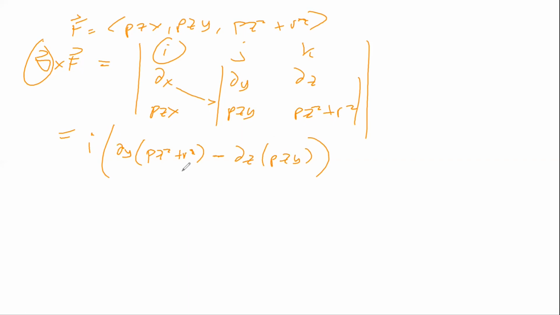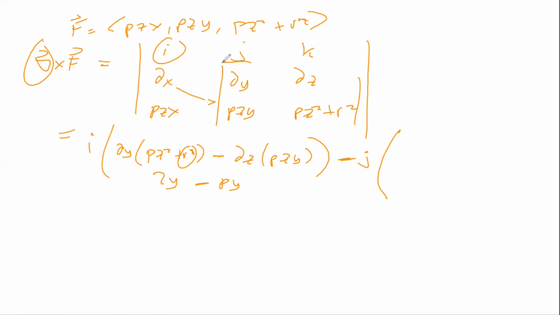So I think you just select this r squared, so it's just a 2y minus py. Then for the j, you have to add the minus sign because it's a determinant.